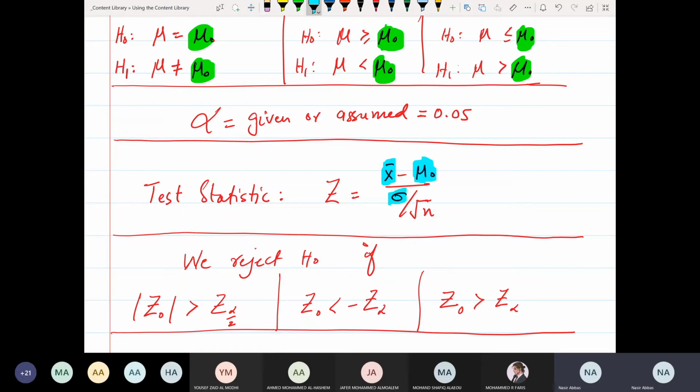Sigma will be given in the question somehow. N will be given in the question somehow. The sign of H0 and H1 will be given in the question somehow. So these are all the pieces of information. This alpha will be given in the question or assumed 5%. And the remaining things are as you see on your screen.